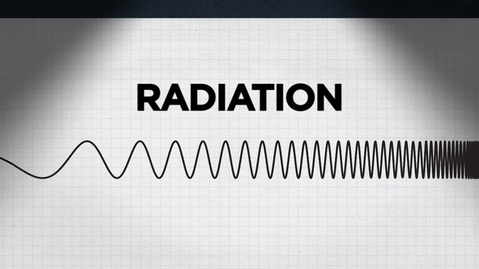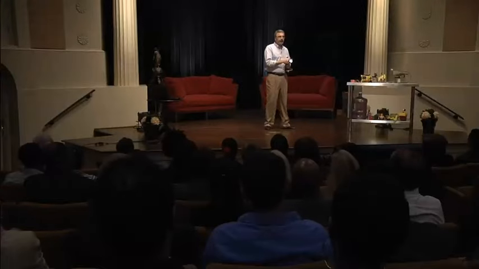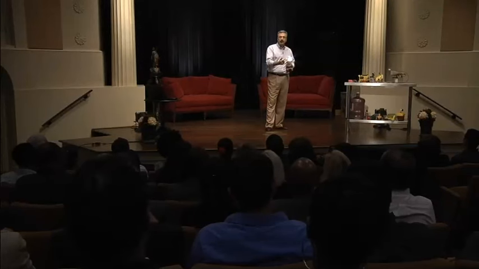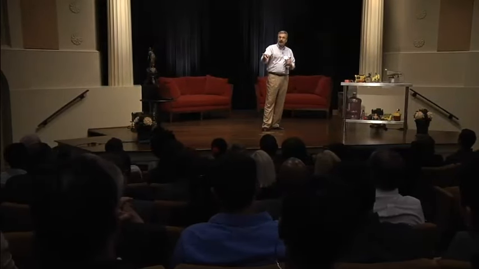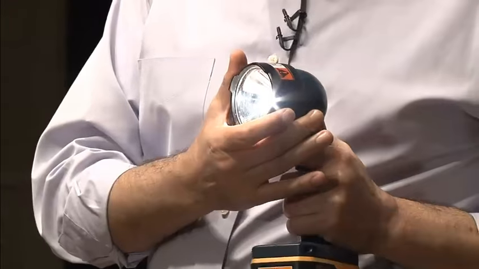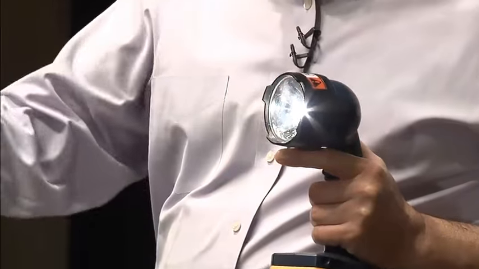The most familiar form of radiation is actually visible light. Visible light is electromagnetic waves. It's energy that originates from a source and travels through space at the speed of light. It has wavelengths and frequencies that define its energy. And if we're blessed with good vision, we can actually see this radiation.